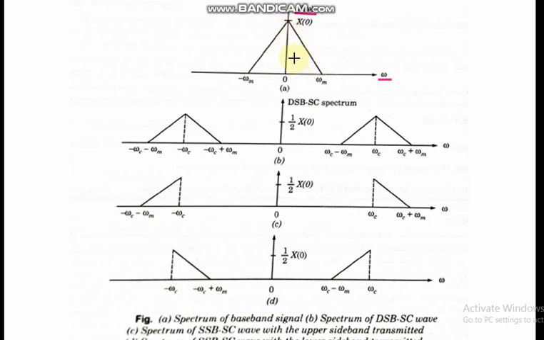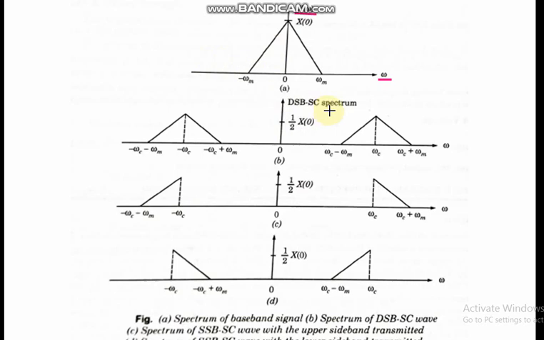In the Fourier transform we receive both positive as well as negative frequencies. That's why the mirror image is also drawn on the negative side, but this negative frequency has no practical significance. For mathematical calculations we use this negative portion of the graph.